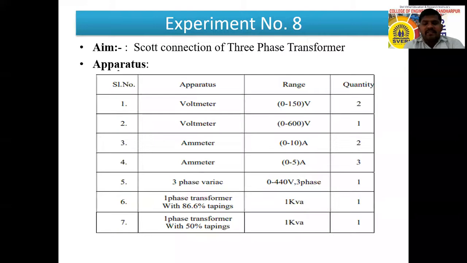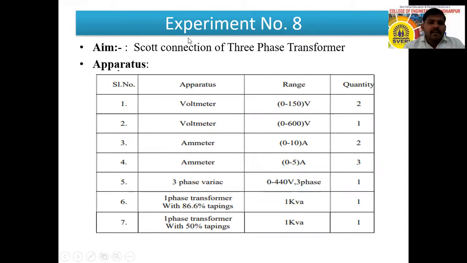Using these two transformers, we convert three-phase to two-phase supply, or two-phase to three-phase also. But our generation is only three-phase, so we use only three-phase to two-phase conversion.